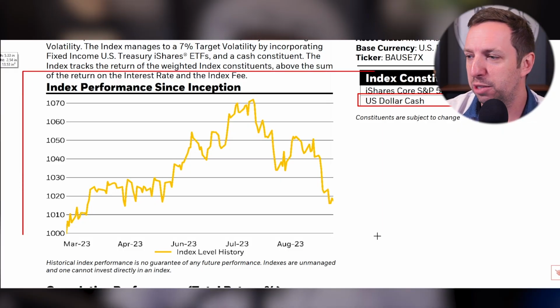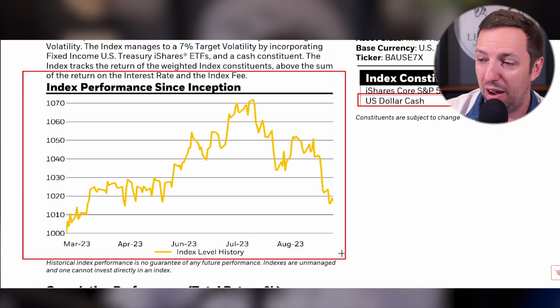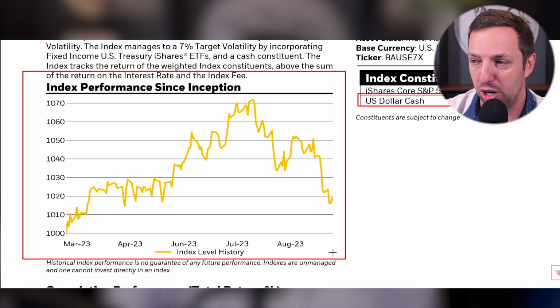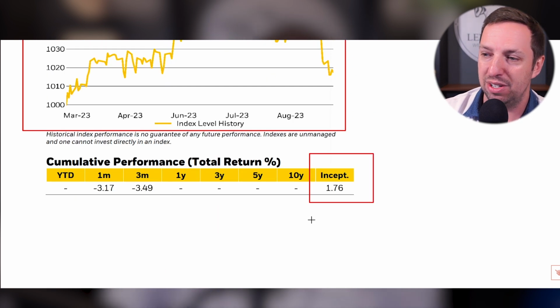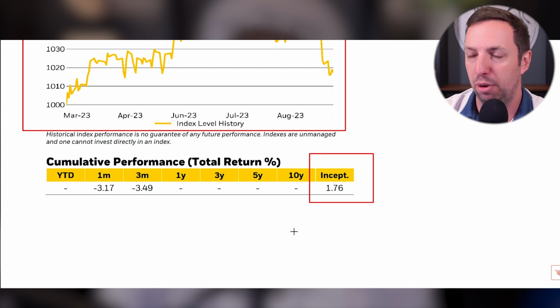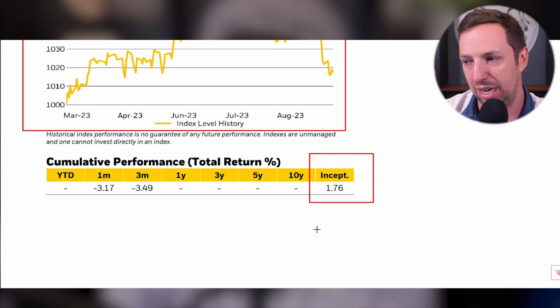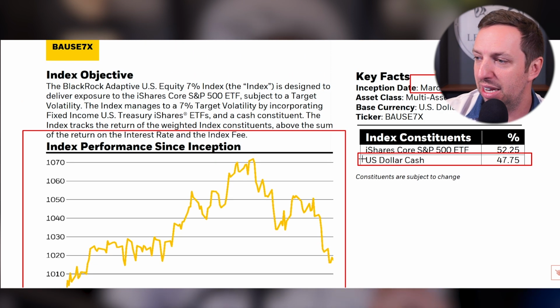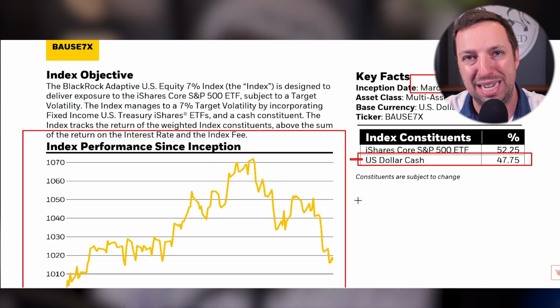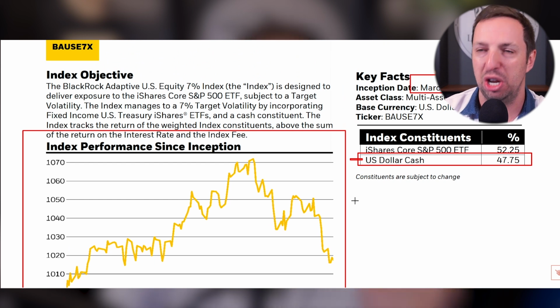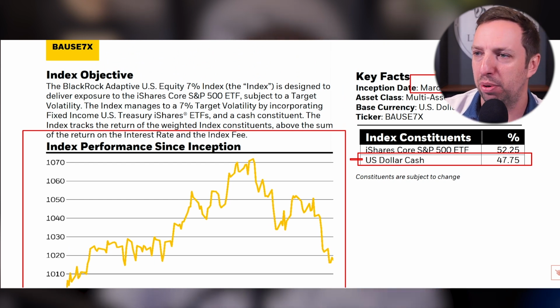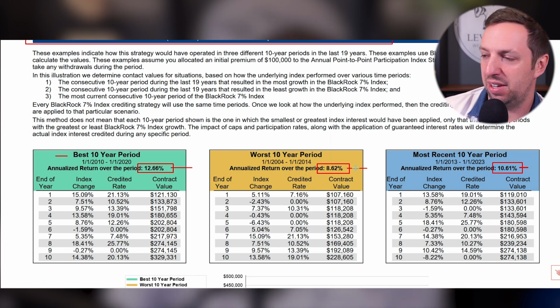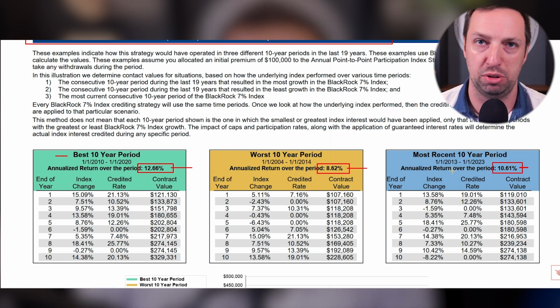If we look at the index performance since the inception of the index, which again is March of 2023, 1.76% is the performance since this actual index has been live. And here's what I'm going to submit to you. If you have an index that has almost half your dollars in cash, there's almost no way that it is going to perform at 12.6, 8.6, or 10.61%.